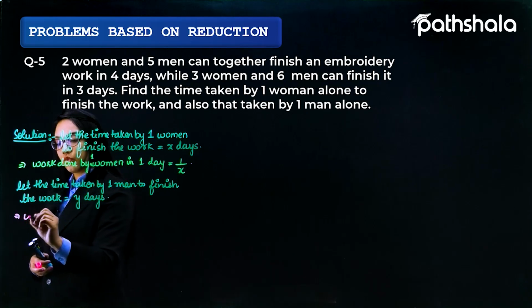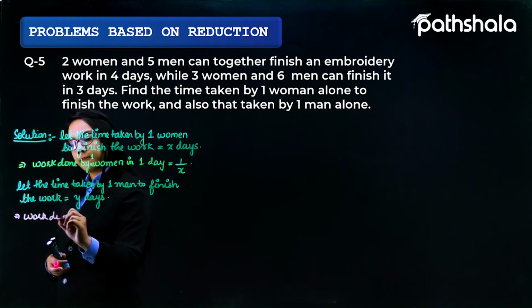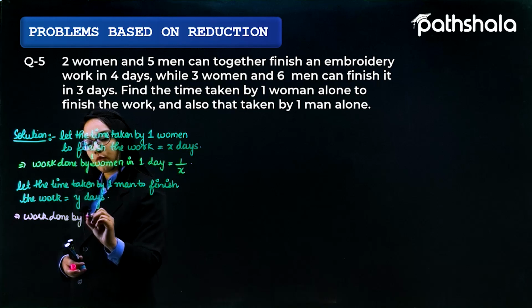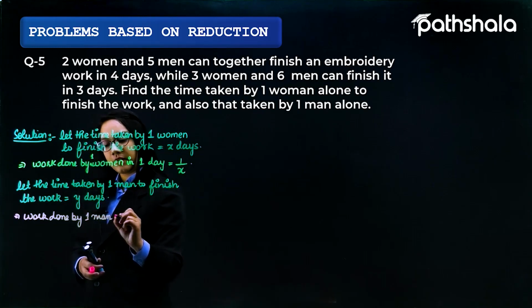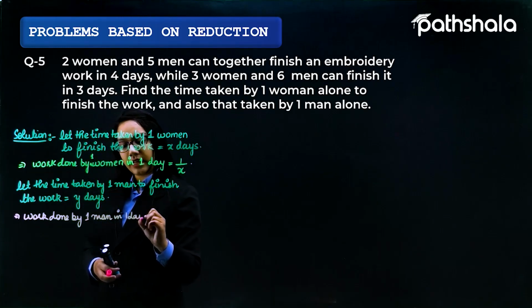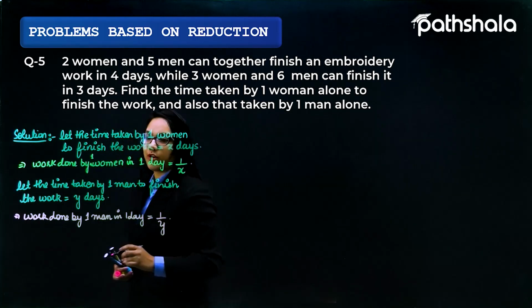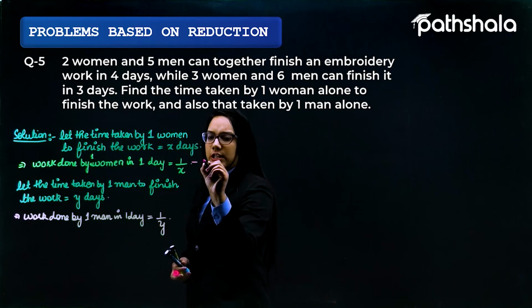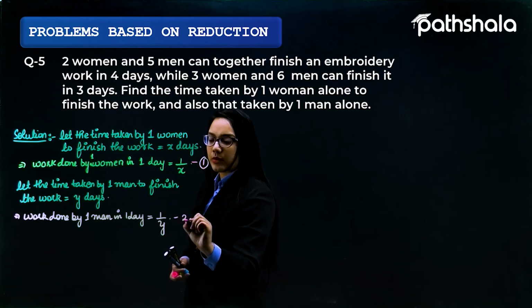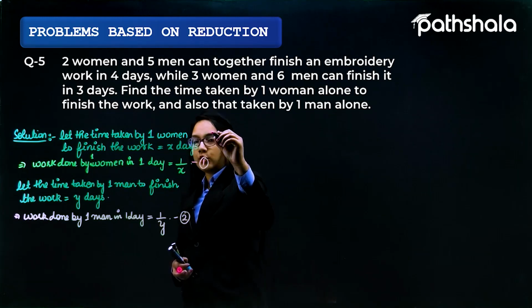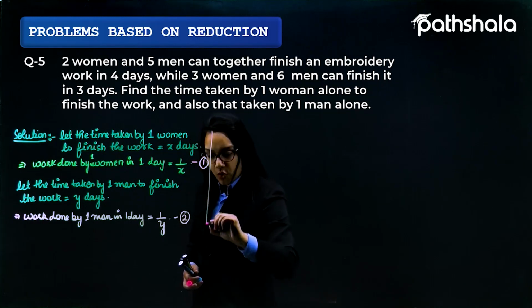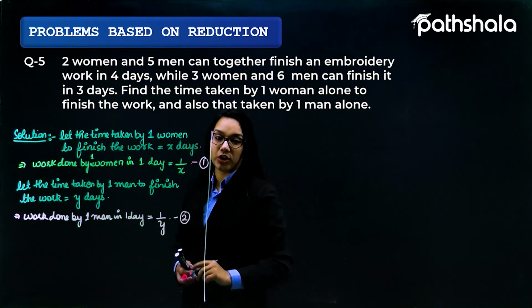It implies the work done by 1 man in 1 day is of the form 1 by y. Let us call this equation 1 and this equation 2. Using 1 and 2, we will now move on towards the question.